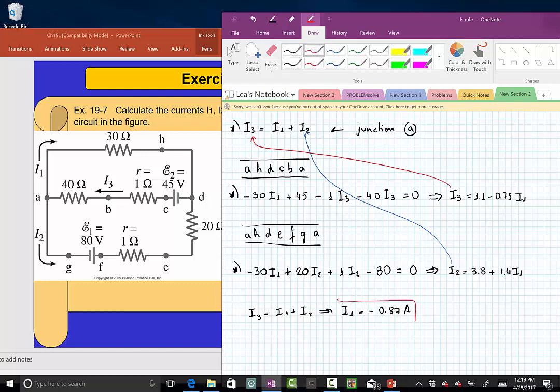Let's stop here a little bit. What is this telling us? It's telling us that the direction that the book chose for the current I1 is actually not the correct one.